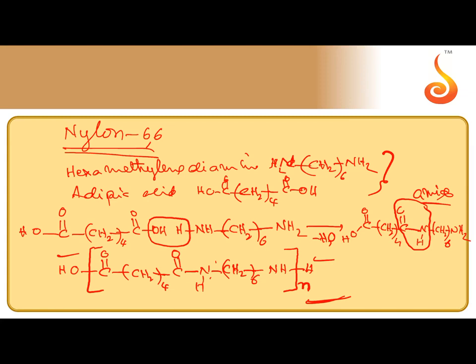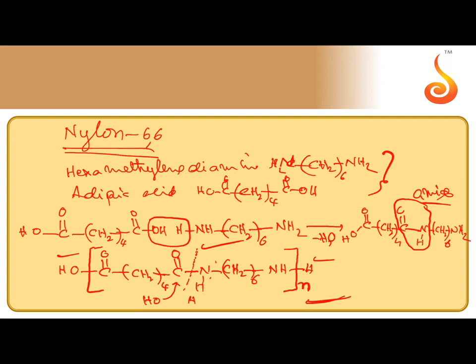For addition polymers, it is very easy. Just break the pi bond and show two vacancies at the two terminal carbons. Sometimes they may ask for monomers by giving the repeating unit. If it is a polyamide, just break the CN bond, the bond present between CO and N, attach OH to the carbonyl carbon and H to the NH.